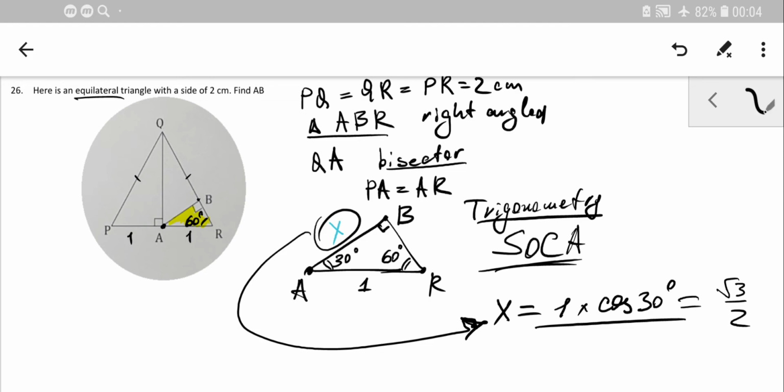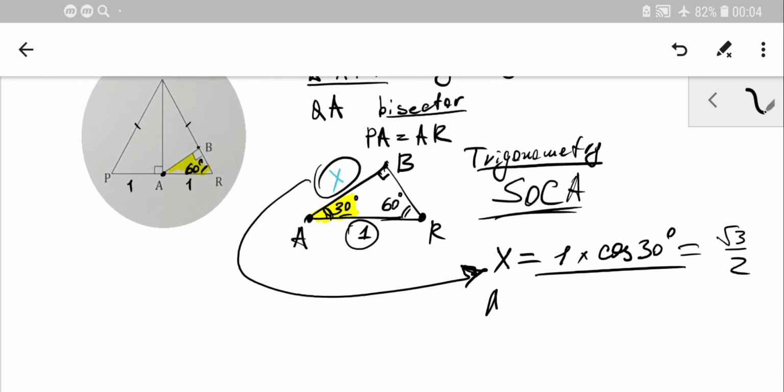But you can also use the sine of 60, so that also works, and it's square root of 3 over 2. Or you can just remember the properties. If you have the hypotenuse and an angle of 30 degrees, you can easily find side BR because it's opposite the 30 degree angle.